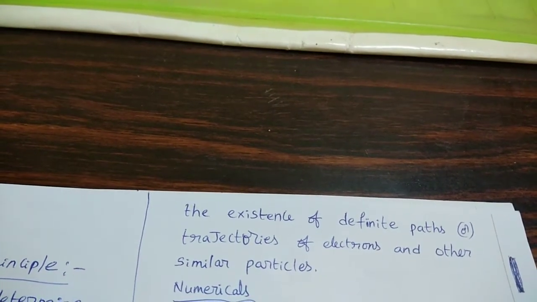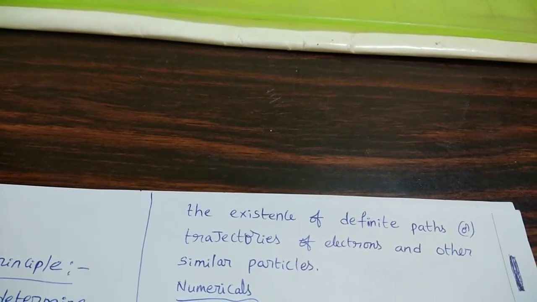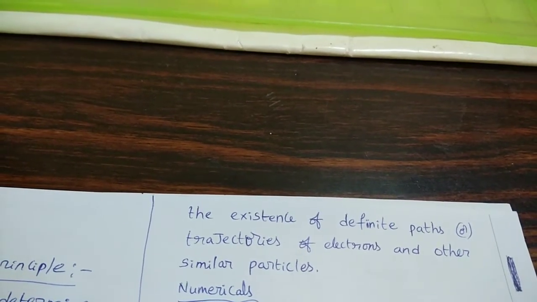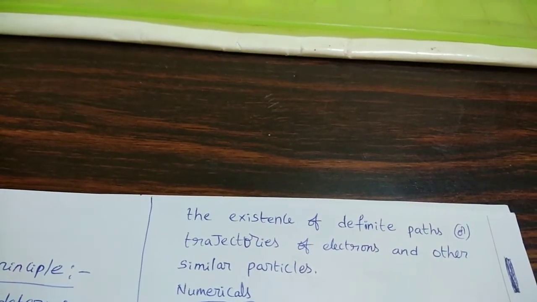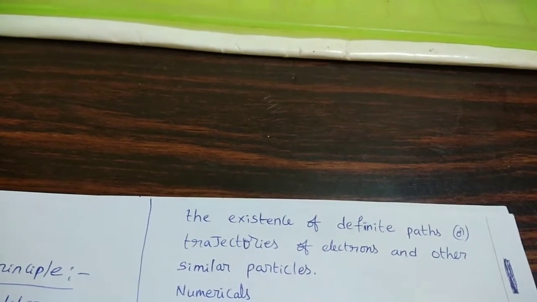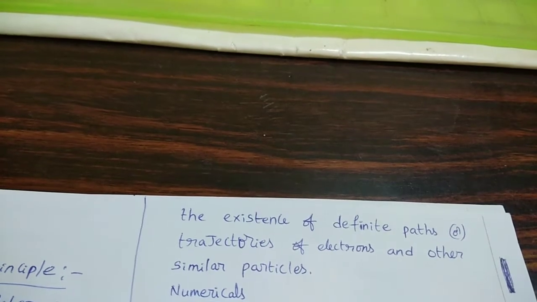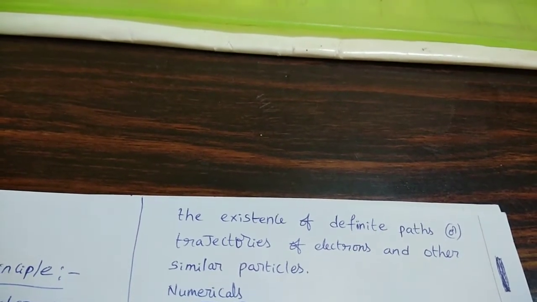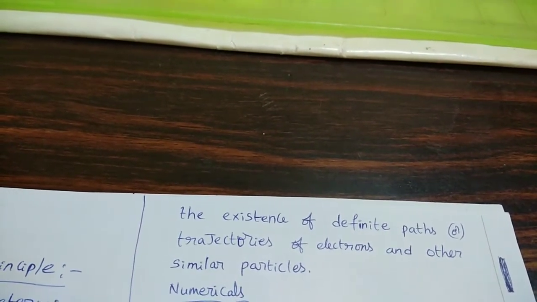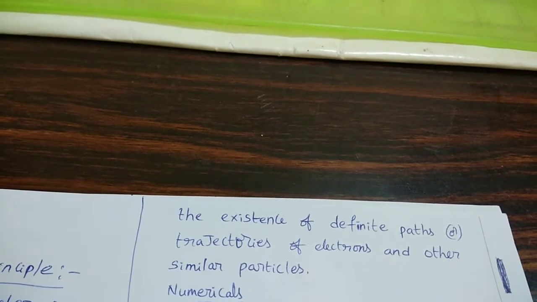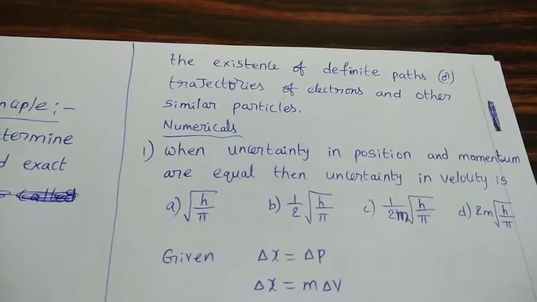Exact definite paths are not possible. We can say the probability of existence of an electron at a particular place. At this particular place around the nucleus, there is more chance of finding the electron. Here, less chance. Like this, we can predict the possibility of the existence of the electron. Okay. Next, see the numericals.